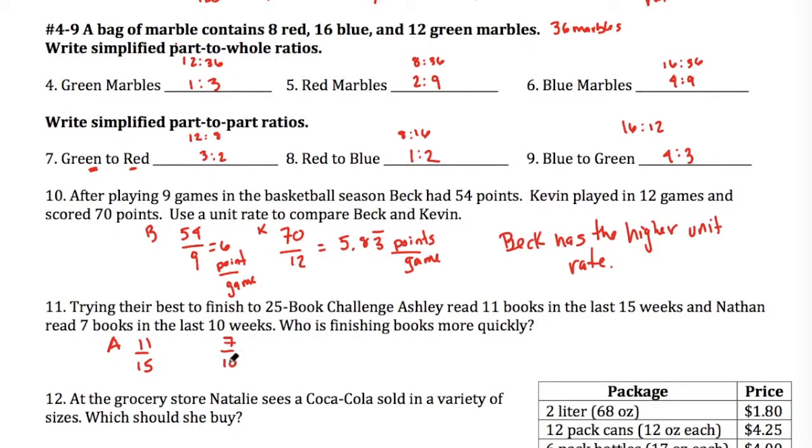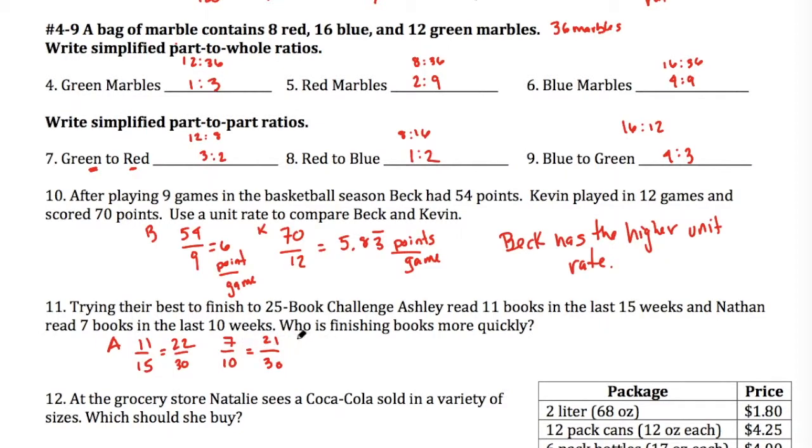So again, we could find unit rates. That would require a calculator. If we didn't have a calculator available, we could make these into fractions with common denominators. So we can make these both into something over 30. The first fraction we'd have to double, so that'd be 22 over 30, and the second we'd have to triple, so that'd be 21 over 30.